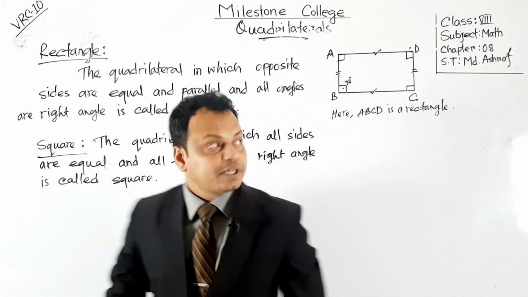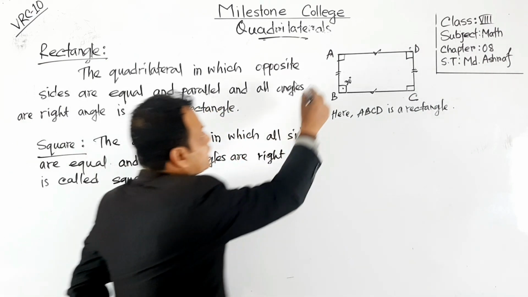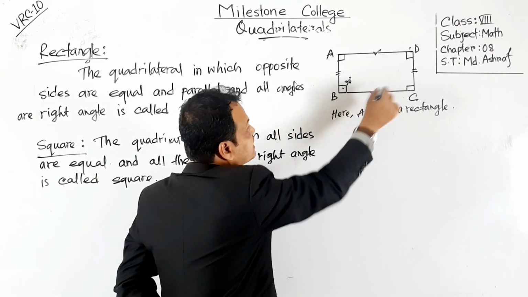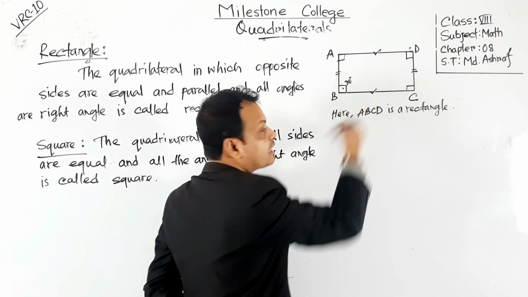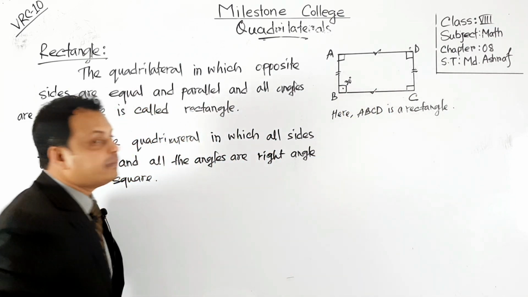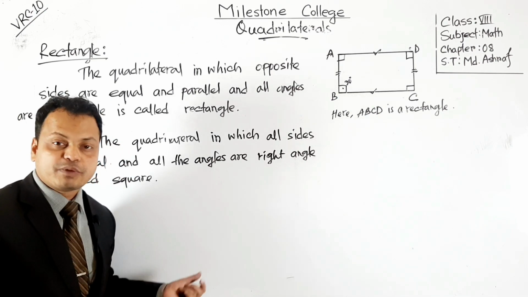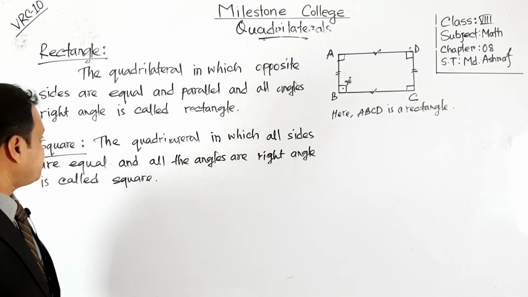So I repeat again, it's a figure whose opposite sides are equal and parallel and all angles are right angles. So this figure will be a rectangle. I think you have got it. Now another one is the square.